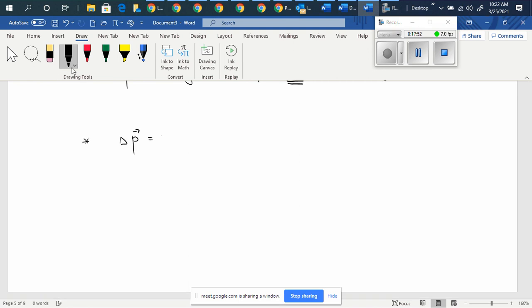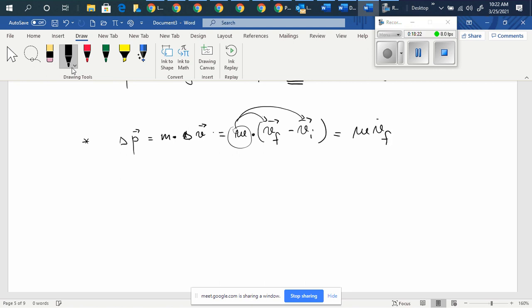So if we elaborate more into this formula, then we will see that change of momentum is equal to mass times change of velocity. As we said, even during kinematics, change of velocity will be final minus initial, which if you distribute it, then you will have mass times v final minus mass times v initial, which brings us to this is p final and this is p initial or momentum initial.